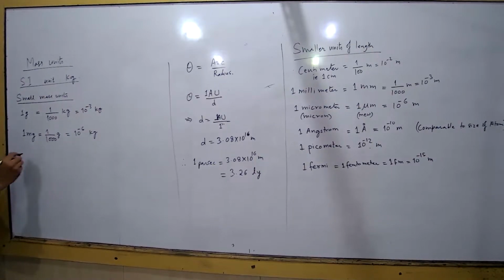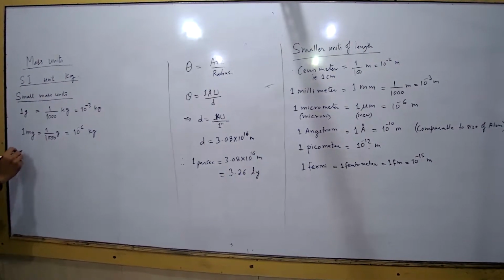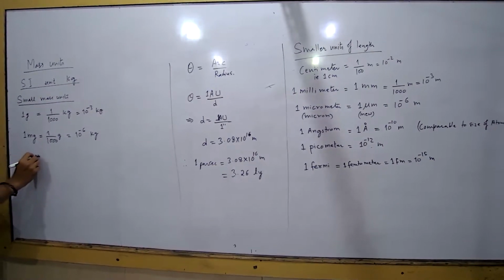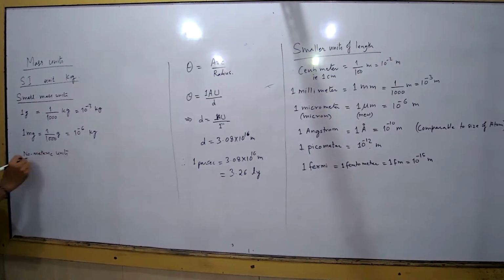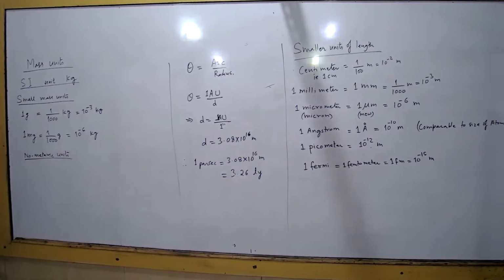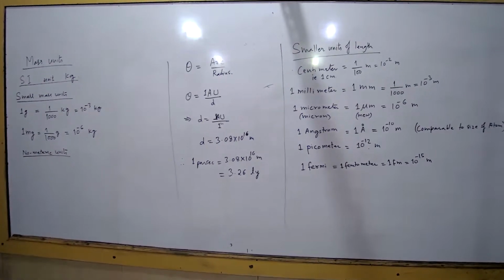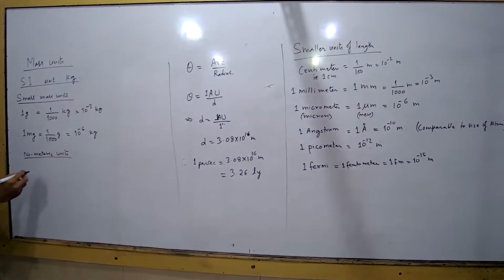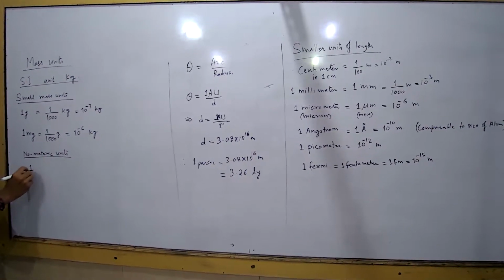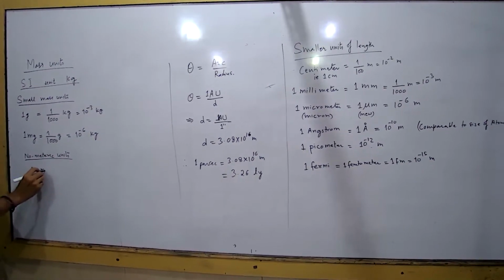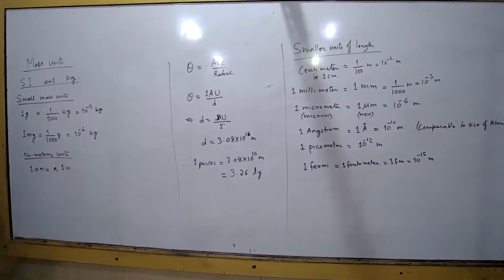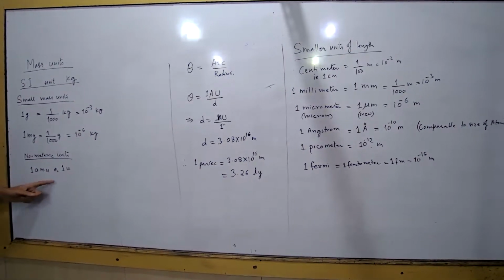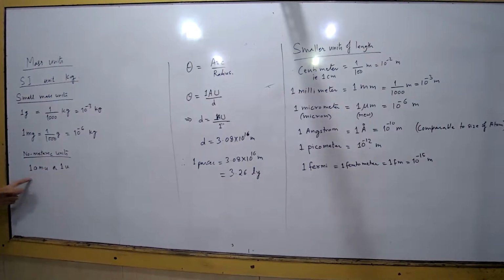Then you have some non-metric units, like you don't use meter or kilogram for the mass of an atom. Here you have one atomic mass unit, or it is also called unified mass unit, same thing.